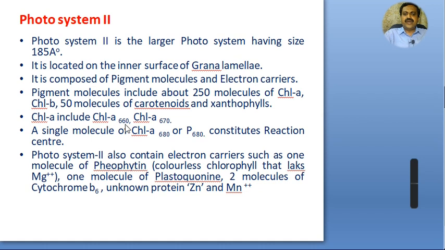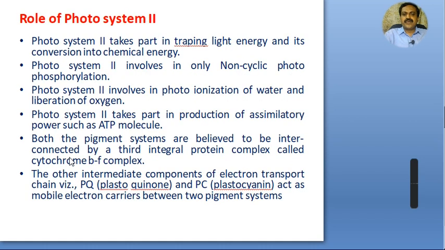Chlorophyll a includes chlorophyll a 660 and chlorophyll a 670, out of which a single molecule of chlorophyll a 680, otherwise called P680, constitutes the reaction center. Photosystem 2 also contains electron carriers such as pheophytin, a molecule of plastoquinone, 2 moles of cytochrome b6, and unknown proteins like zinc and manganese.